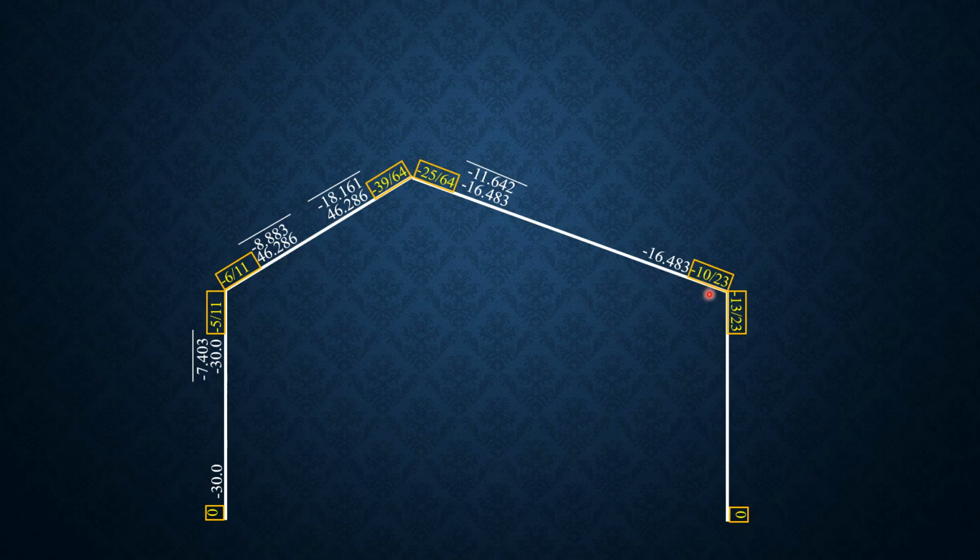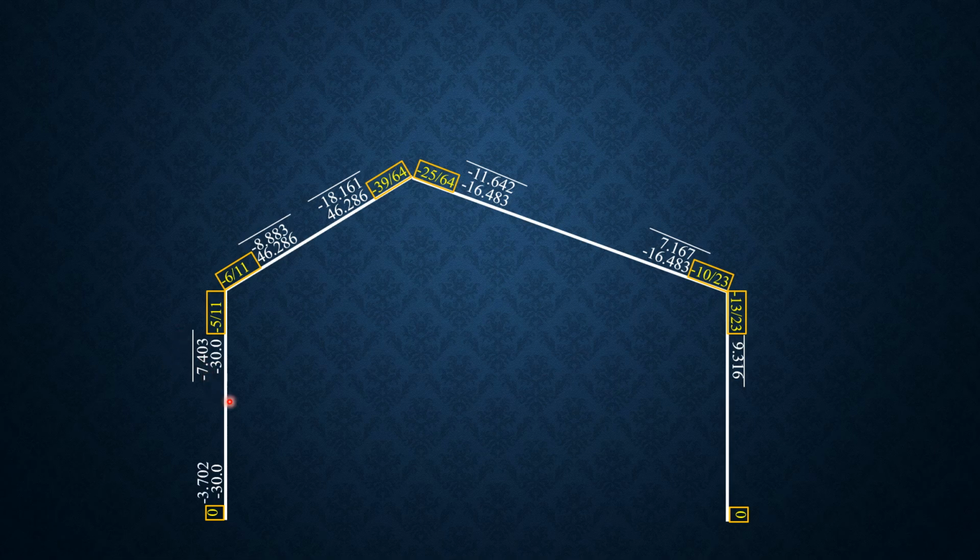Negative 16.483 times negative 10 over 23 is 7.167 lakh. Then negative 16.483 times negative 13 over 23 is 9.316 lakh. Then carry over, since this is the distributed moment is 0, half of 0 is 0.